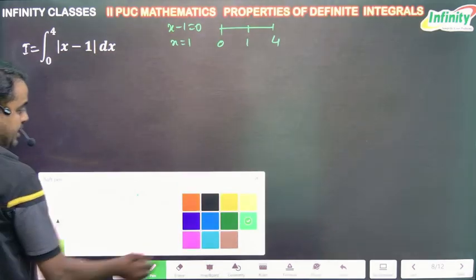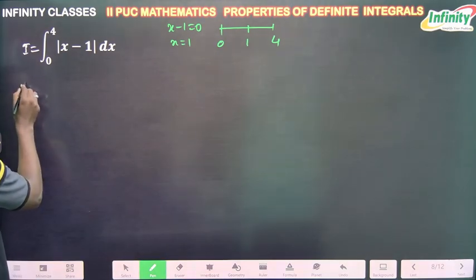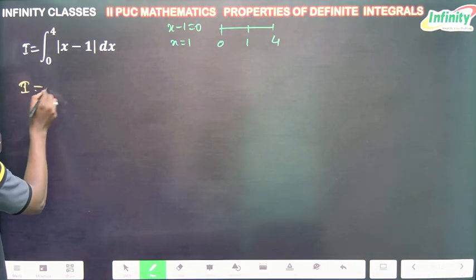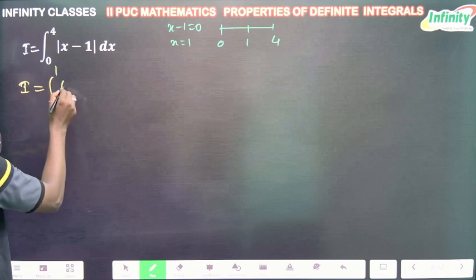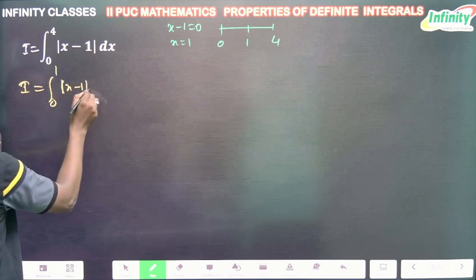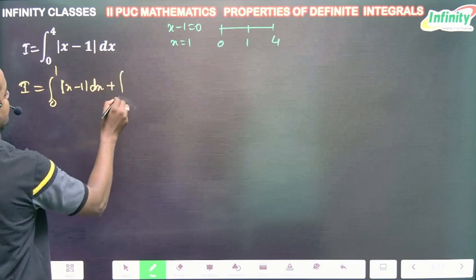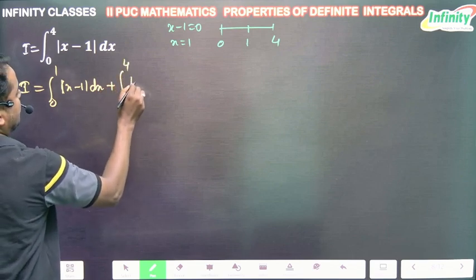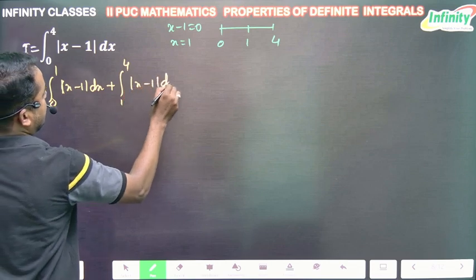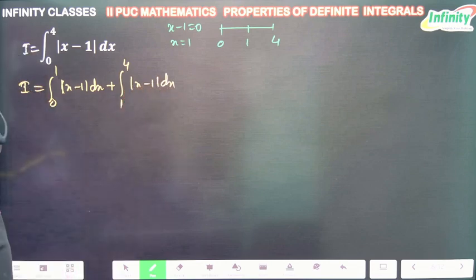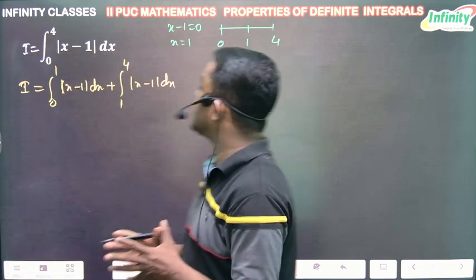Breaking of limit property after applying this, I is equal to 0 to 1 mod of x minus 1 dx plus 1 to 4 mod of x minus 1 dx. Now we have to decide when it is positive and when it is negative.